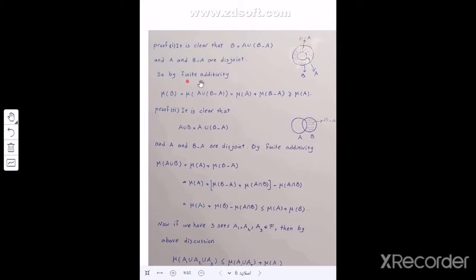By this property, we have this equality. It is clear that this sum is greater than or equal to mu of A. Why? Because mu is positive. So we obtain mu of B is greater than or equal to mu of A.